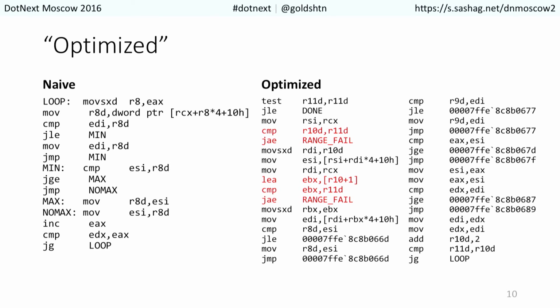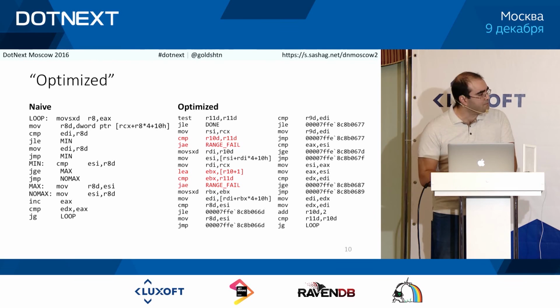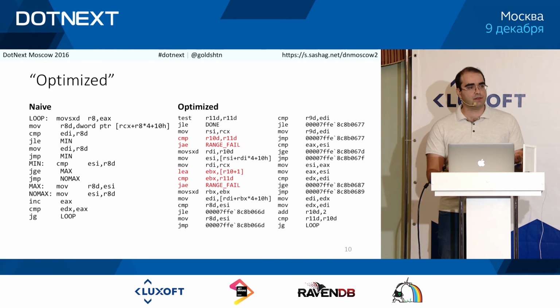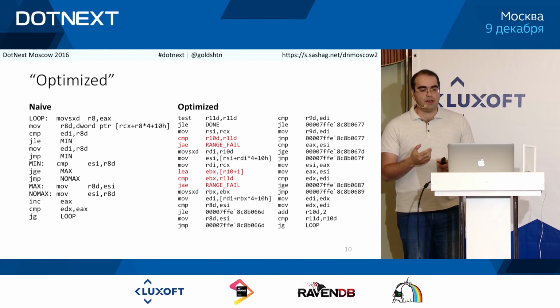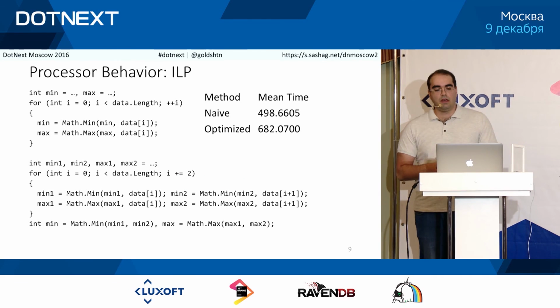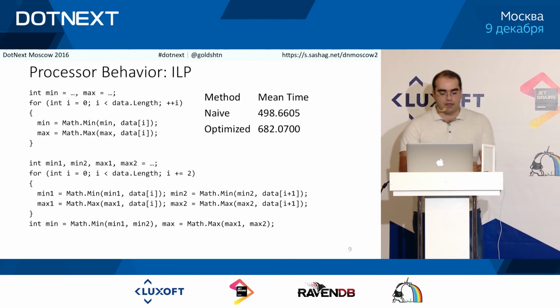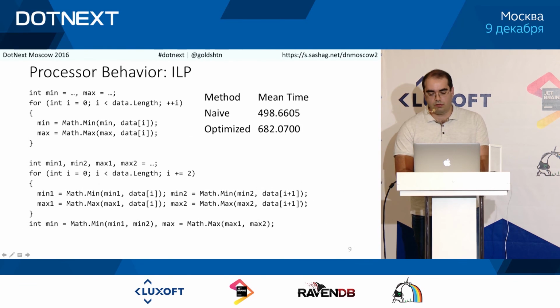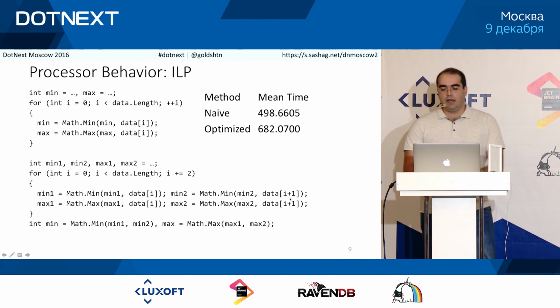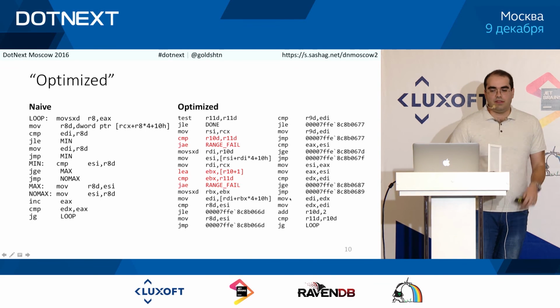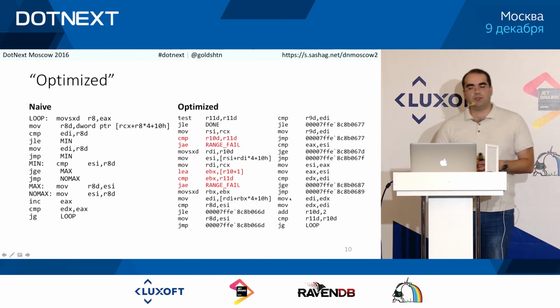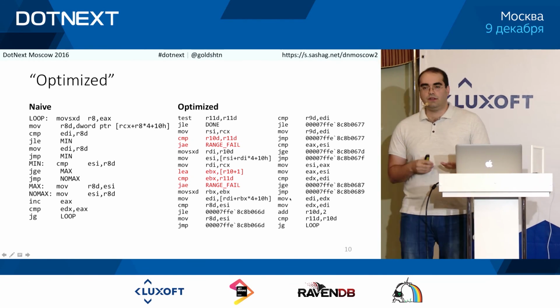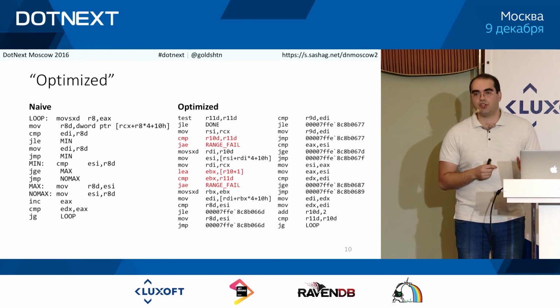But additionally, there's also the stuff I marked in red, which is range checks. When going over the optimized version, you'll notice there are memory accesses, right? I'm doing data at I, over here and over here, over here and over here. And unfortunately, in the optimized version, the just-in-time compiler didn't manage to remove these bounds checks.